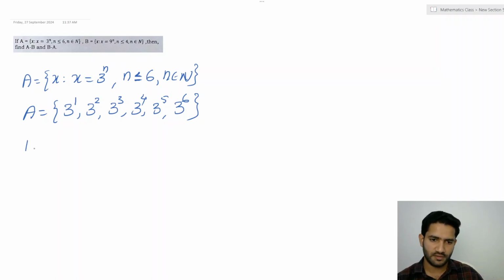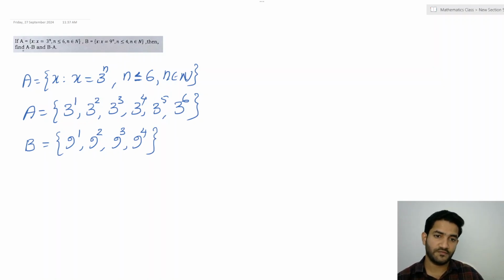What is the roster form of B? Set builder form is given, we are finding the roster form or tabular form. x is equal to 9 raised to n, n is a natural number. So 9 raised to 1, 9 raised to 2, and there is a restriction, n is less than or equal to 4. So we can conclude with 4.